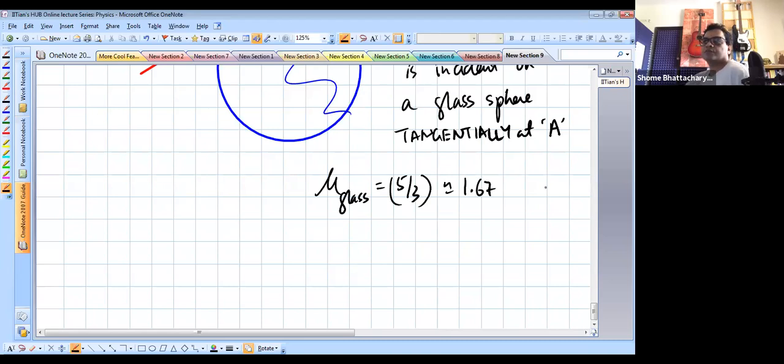Instead of 3/2, which is 1.5, it is say 5/3.